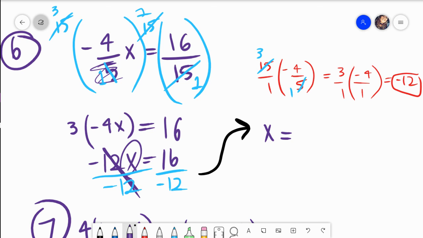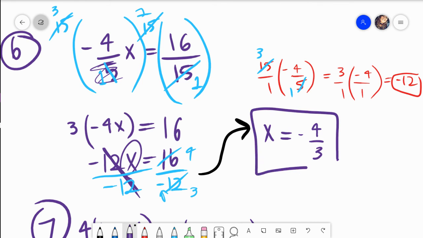Okay, so it looks like 16 and 12. I'm trying to think of the largest number that can divide both of those. And I believe it's 4. If I do 16 divided by 4, I get 4. If I do 12 divided by 4, I get 3. That's a negative 3, right? So what I get over here is a negative 4 over 3. That's the value of my x.